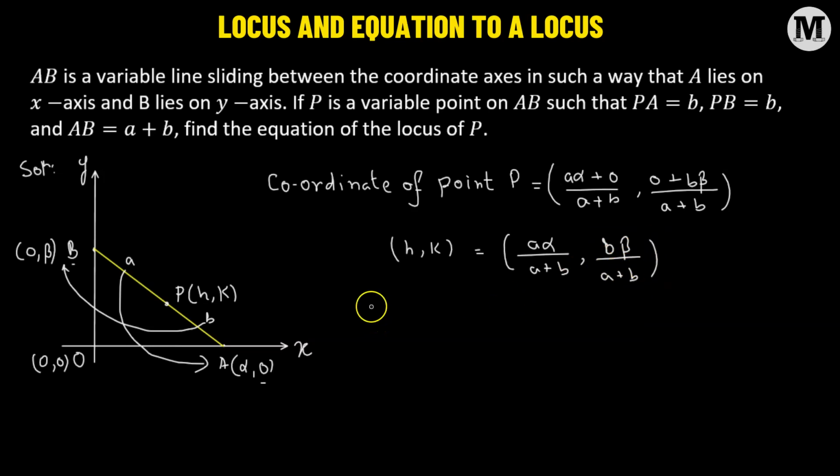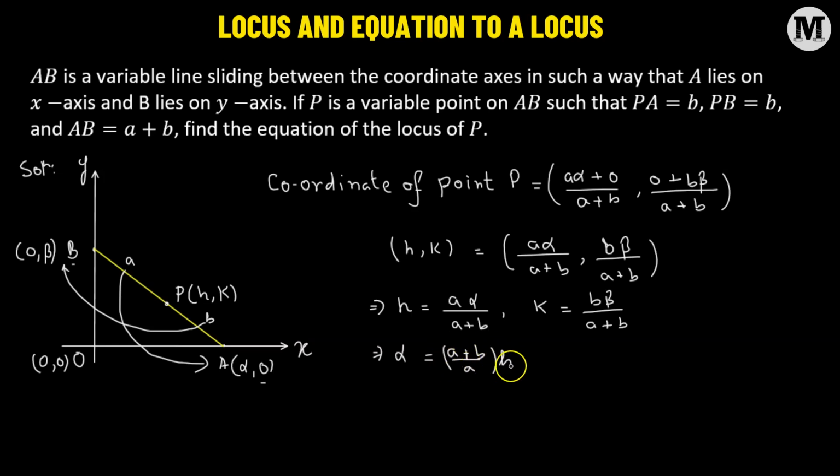If we equate them, we get h equal to a times alpha over a plus b, and k equal to b times beta over a plus b. Now let's write the equations in terms of alpha and beta. So alpha becomes a plus b divided by a, multiplied by h, and beta becomes a plus b over b, multiplied by k.